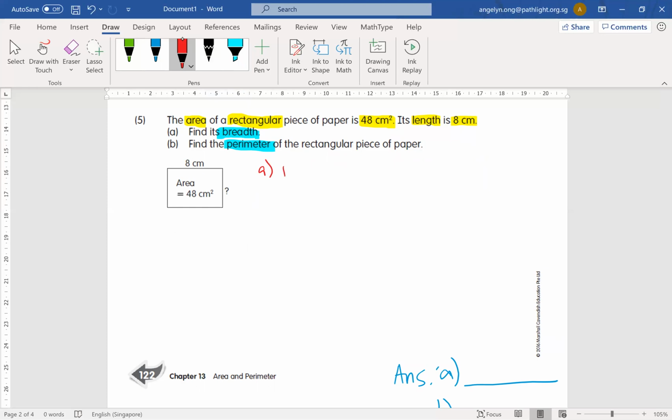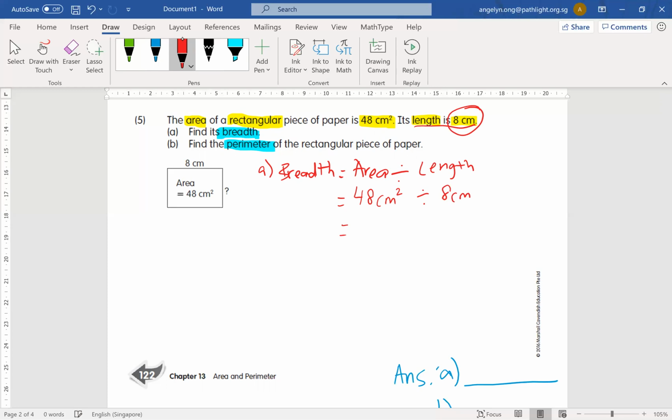To find the breadth, we need to take area divided by what is given? Length. So area is 48 square centimeters. We're dividing it by 8 cm.